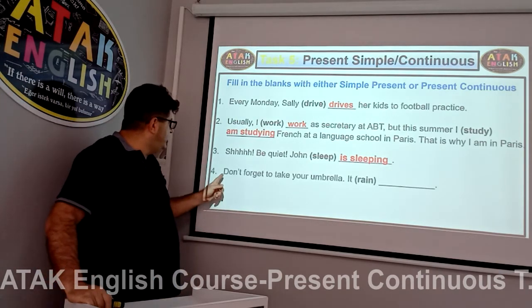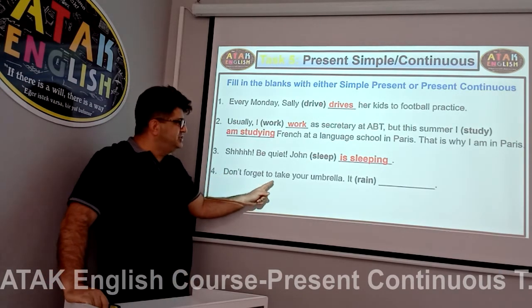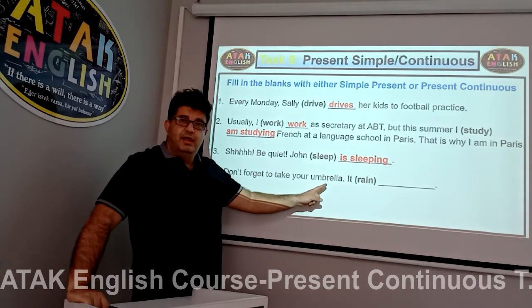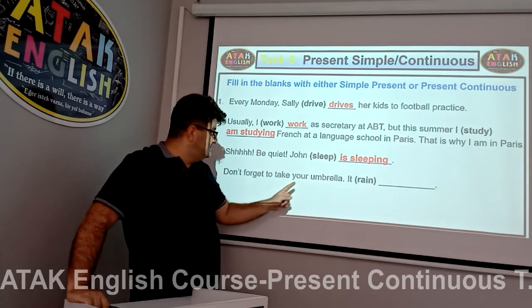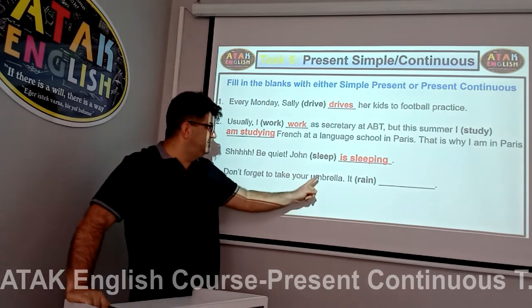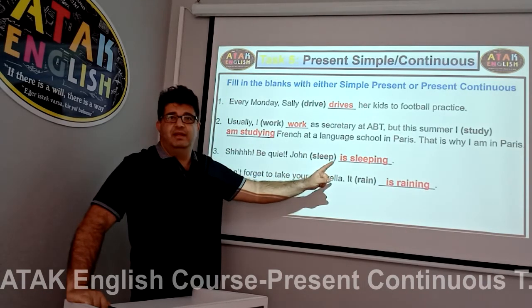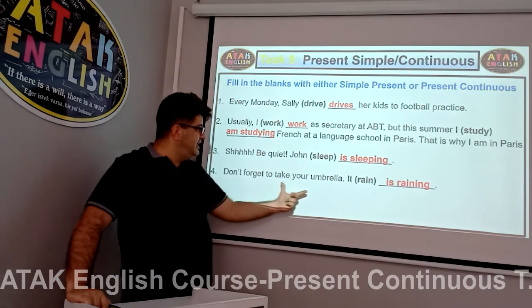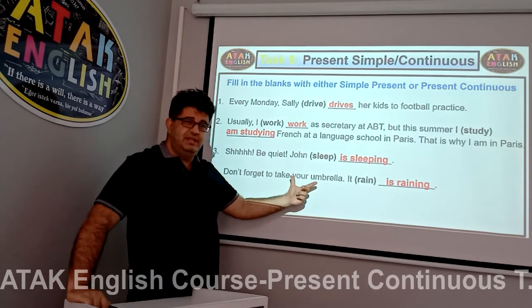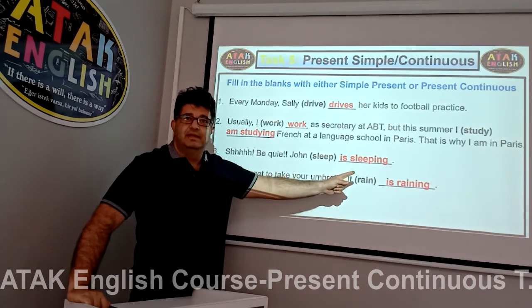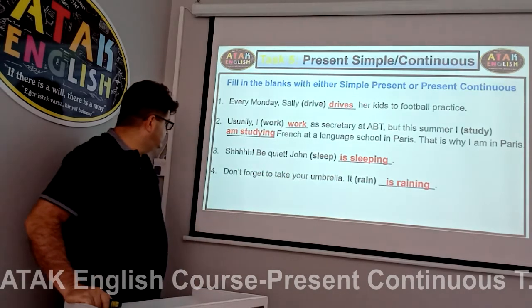Okay, example 4. Don't forget to take your umbrella. Okay, giving us information. Don't forget to take your umbrella. It is raining. First thing, giving us some information and using present continuous.